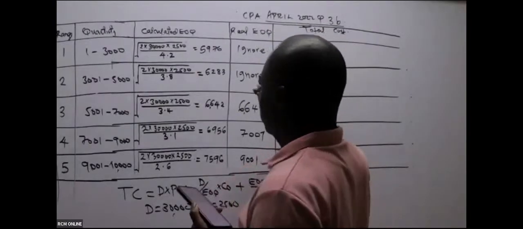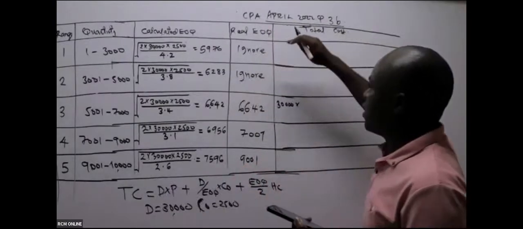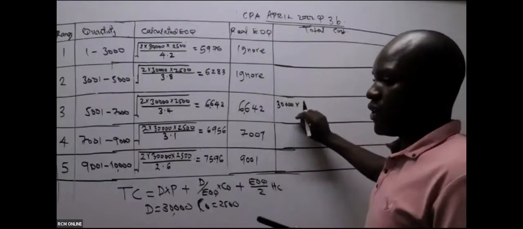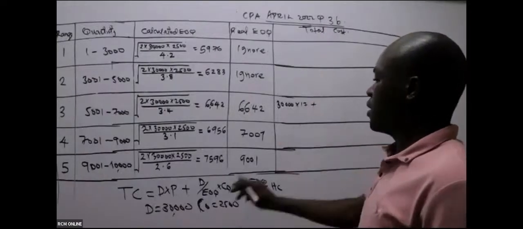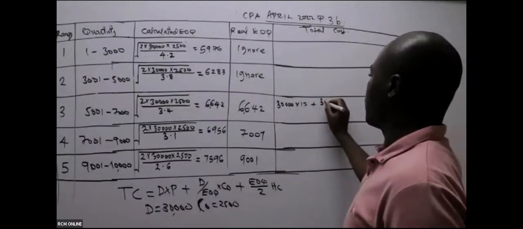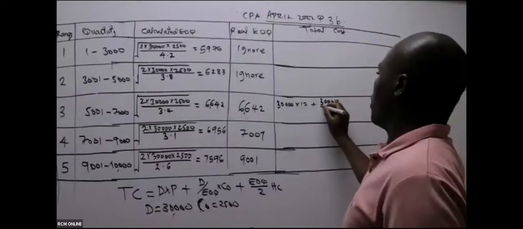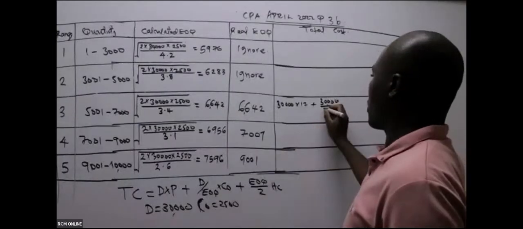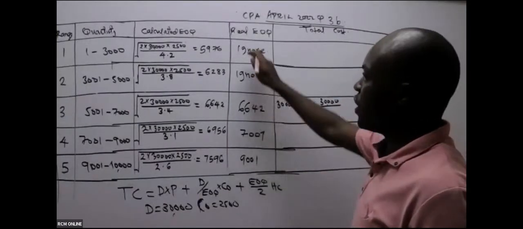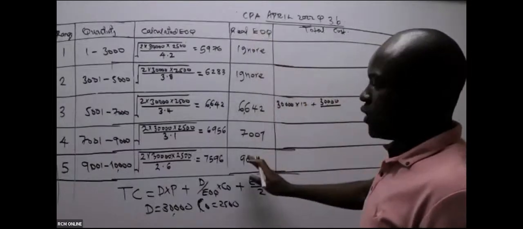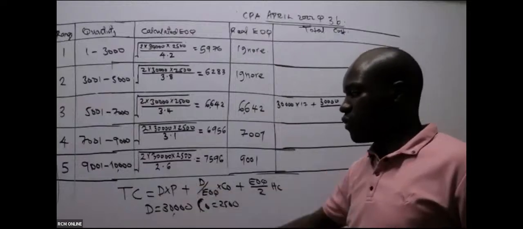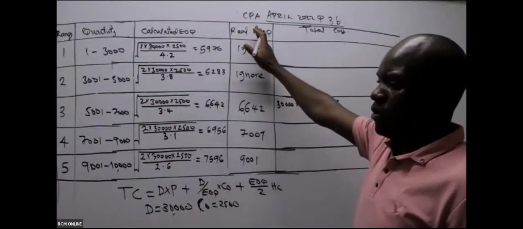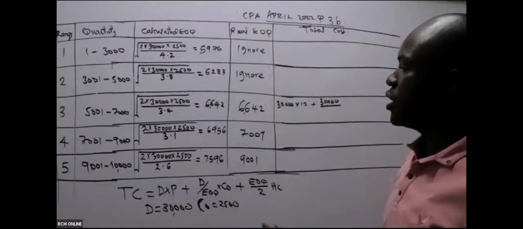17. Range 3, people have made a mistake. Not this one here. Range 3, 17. Plus demand, 30,000, divided by economic order quantity, which is this one here, the real economic order quantity. Anything you refer to as economic order quantity in this formula will be from the real economic order quantity column.